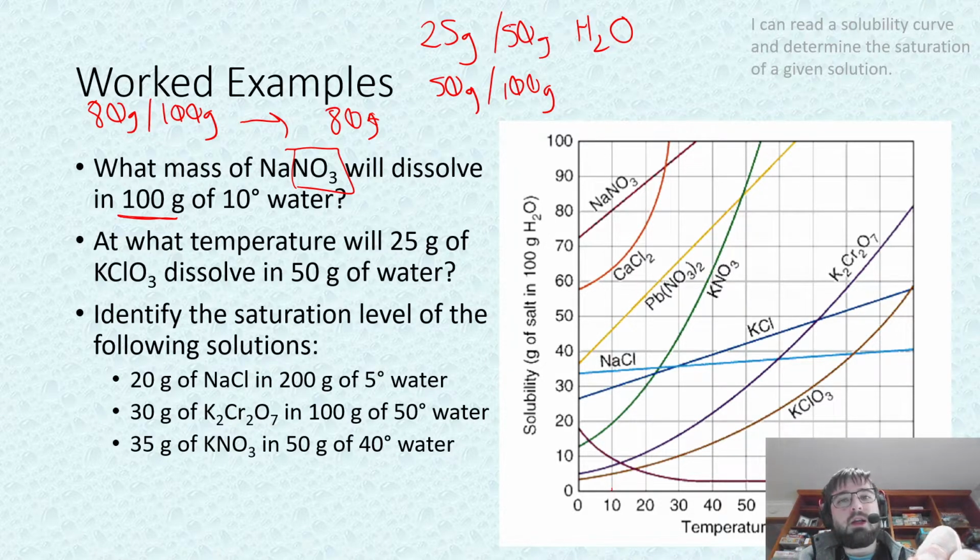So if we know how much is in 50, then we can figure out how much is in 100. It's just this kind of 1 to 2 ratio here, right? Which is exactly what is written as our unit here. So if you get something where there's an amount of water that's not 100, you will need to convert it to grams per 100 grams of water to make it work for the solubility curve.